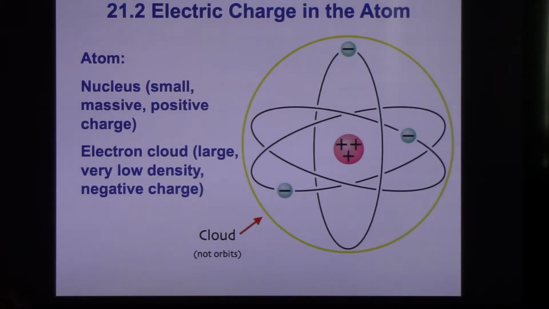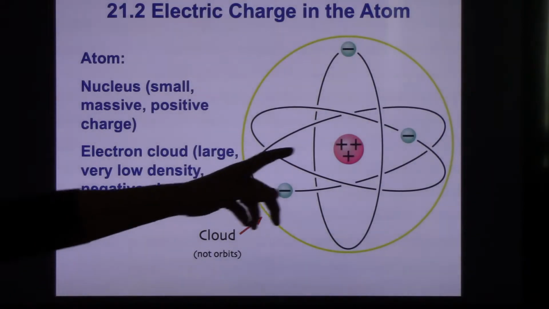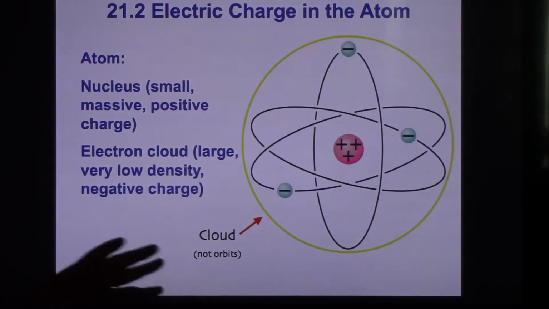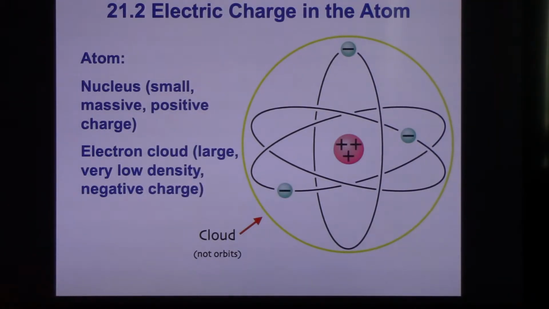As a scientist or an engineer, you have to keep reminding yourself that when most people say massive, they mean it's really big. But massive really means, in science and engineering, that it has a lot of mass. And so the nucleus contains an enormous amount of mass, but it's really tiny. Okay, so it's massive, but tiny.